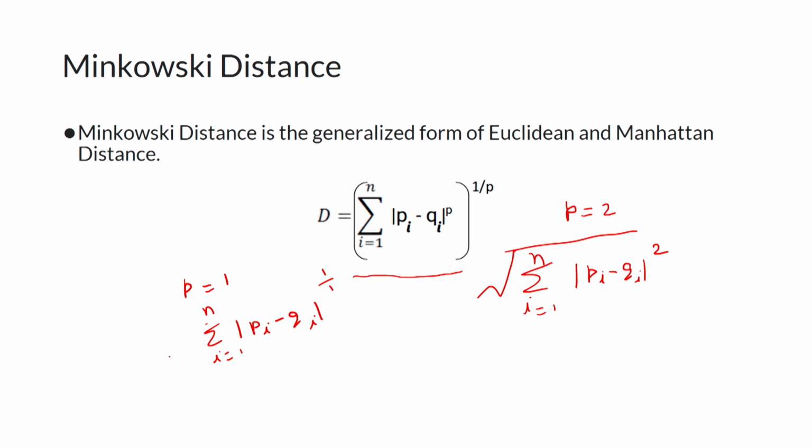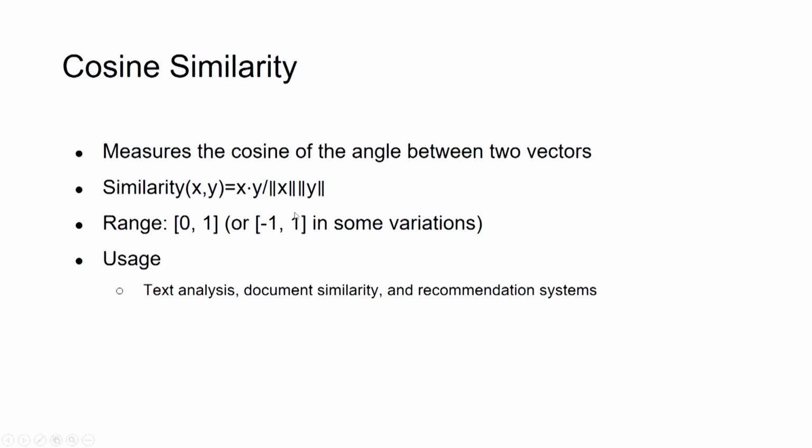This is nothing but Manhattan distance. That is why it is a generalized form of Euclidean as well as Manhattan distance. If you take p as 2, it is equivalent to Euclidean distance. If you take p as 1, it is equivalent to Manhattan distance, but we can take any value of p and based on that we will get the distance.